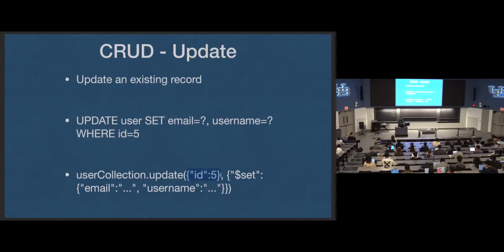We're going to find every record with an ID of 5, which there should only be one, should be just a unique value because our ID should be unique. And then the second argument is going to be what to update. MongoDB has a lot of commands like this where you do $ and then the command. And that command is going to tell MongoDB what to do with the records it finds. So for every record with ID 5, set email to this and username to this, whatever the user supplied.